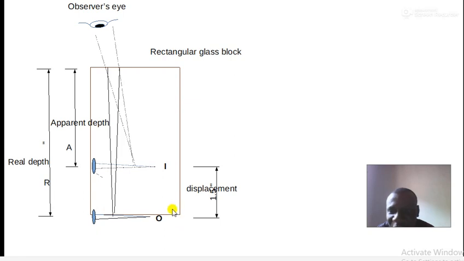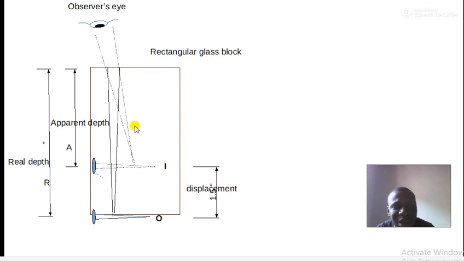That means the object appears to be displaced from position O to position I as a result of refraction, but that's not true. The object is actually still at position O, just the image of the object is formed at I as a result of refraction of light.